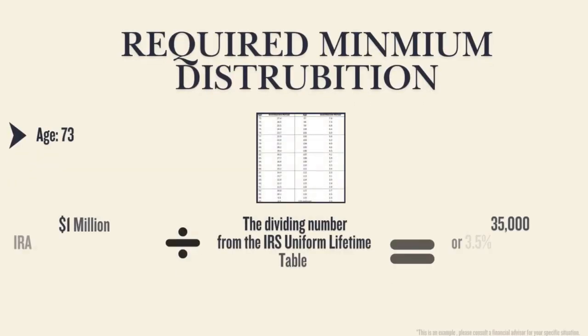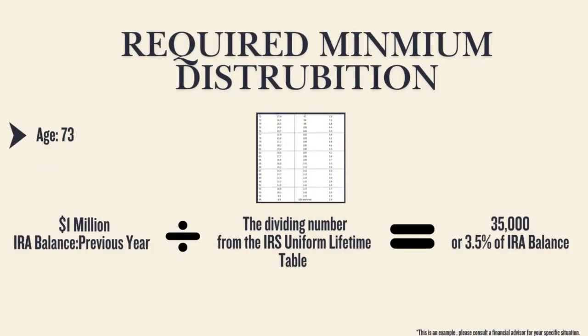That amount is determined by a uniform lifetime table that the IRS put together that says here is the dividing number, and then here's your balance at prior year end. You take that number divided by that, and in the first year, it comes out to roughly 3.5% of your overall balance that you have to withdraw.